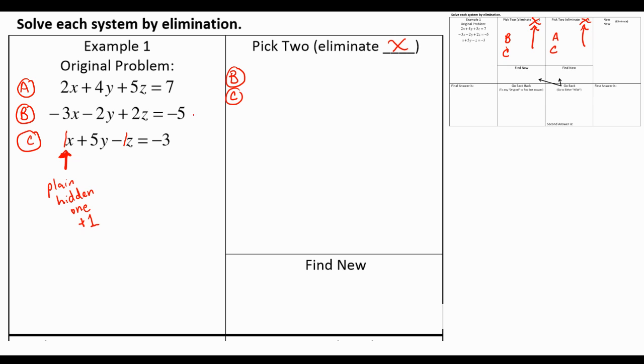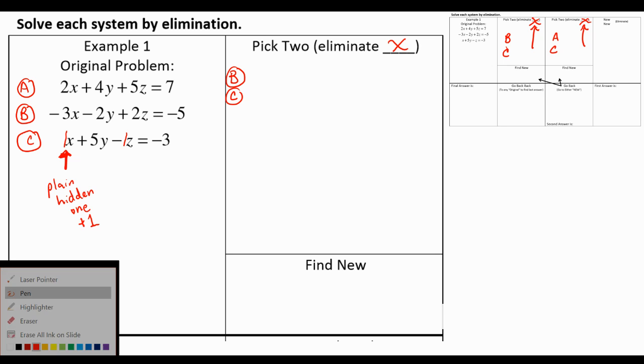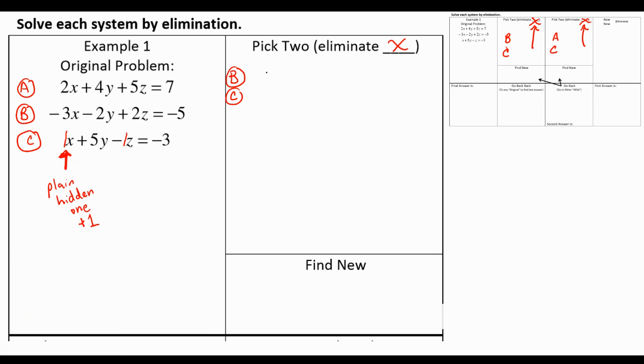So we're going to eliminate x because it's attached to that hidden 1. For the first set, we pick 2 equations, B and C, and the next one that we do on the next slide will be A and C. So I'm going to write down equations B and C. You're going to write down the equation.